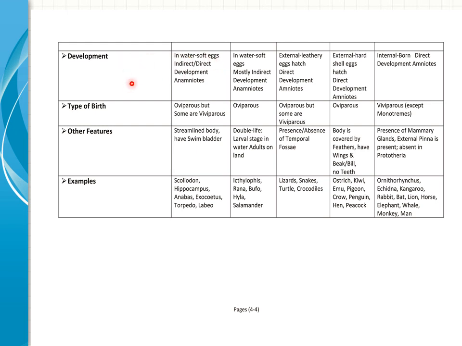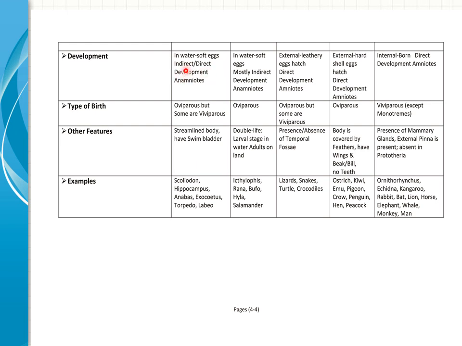The next feature is the type of development. As already mentioned, in fishes the fertilization is external, in some it is internal also, but the development occurs in water. The soft eggs which are laid may undergo indirect development in some cases, or direct development.